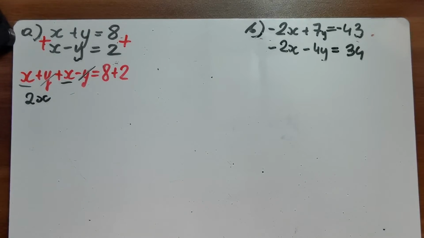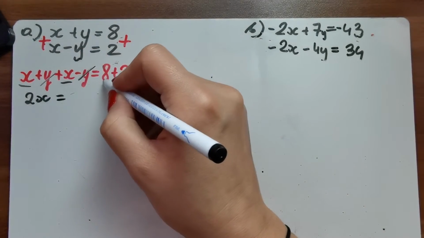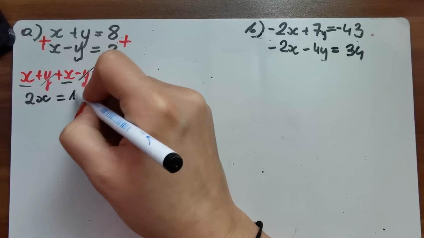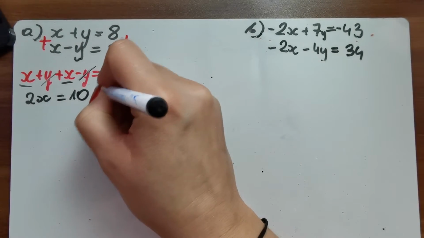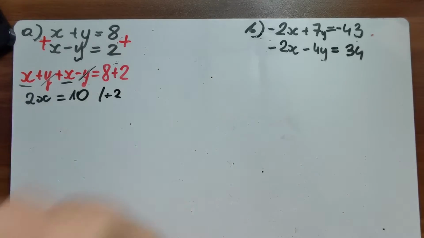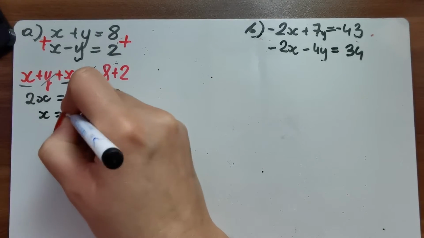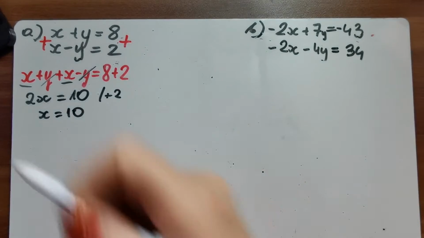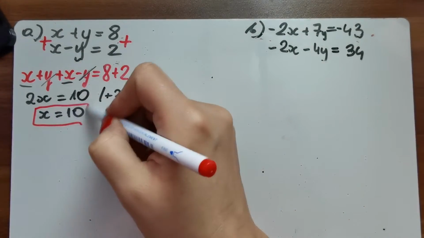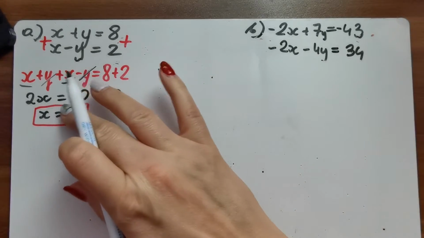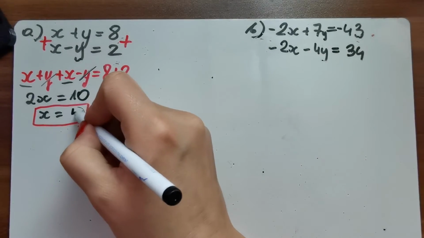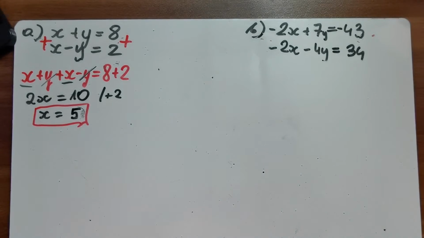So I've eliminated y in this equation. 8 plus 2 is equal to 10. I need to divide both sides of the equation by 2, so I will get x equal to 10 divided by 2, of course, 5.